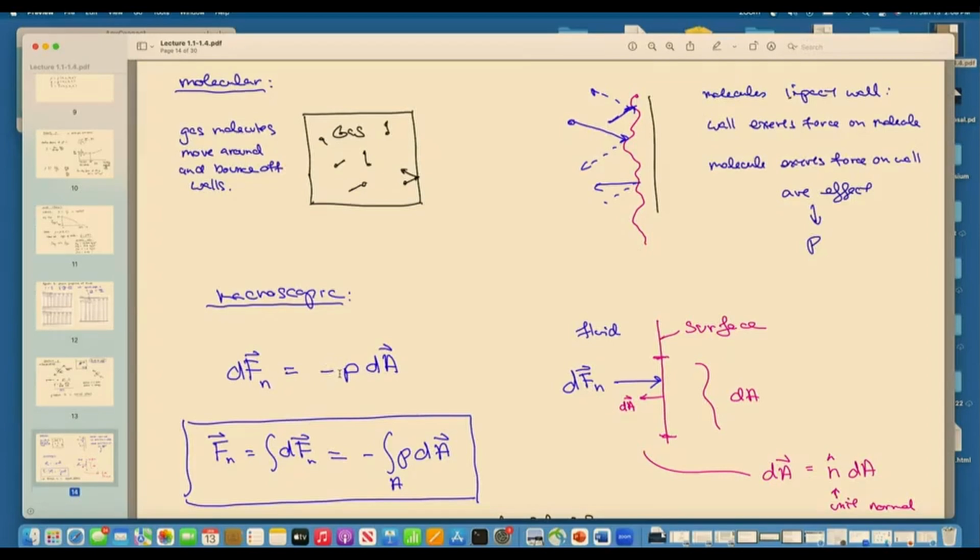All right? That's very important to remember, but I think very clear here. And then when you want to get the total force over some finite area, you just integrate the differential force, and so that would be minus the integral of P dA. And so this is general over some area.